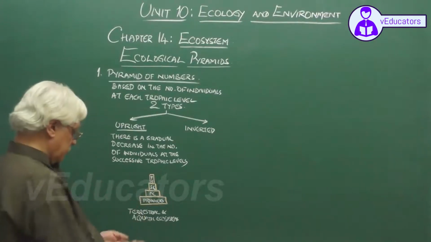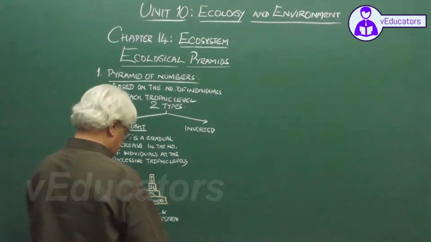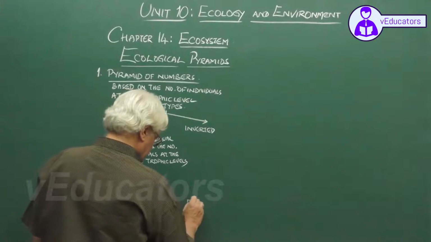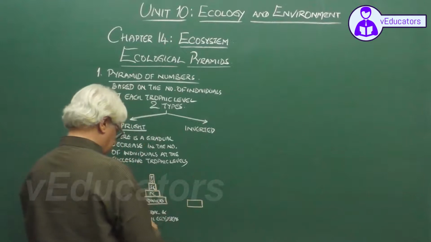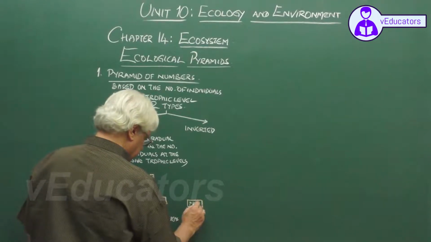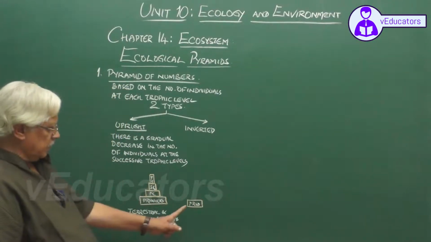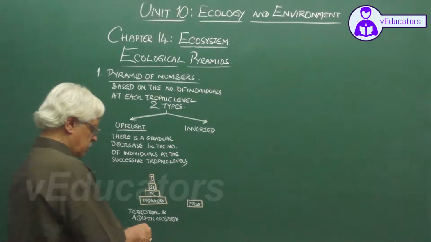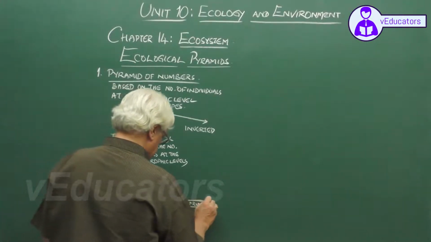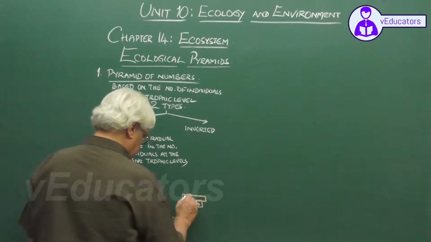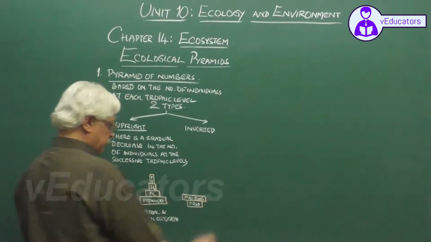Suppose we take the situation in forests. In forests, you will see a slightly different situation. Number of producers will be less than number of primary consumers.